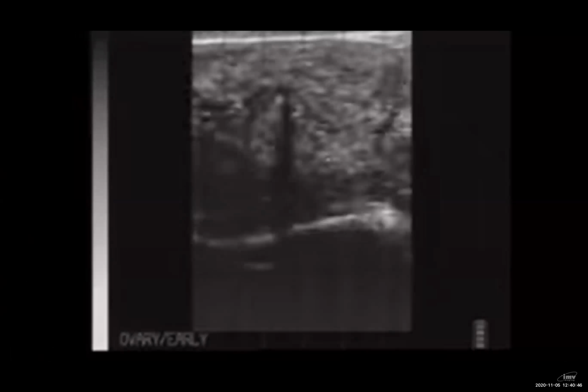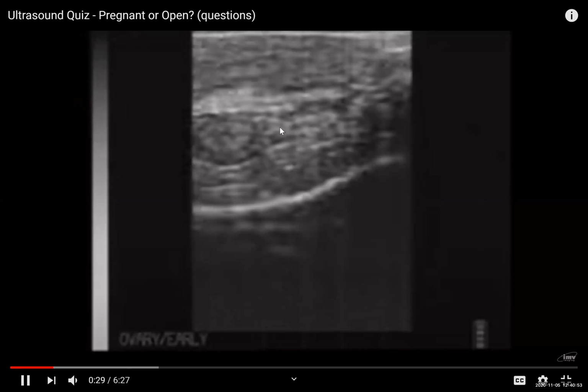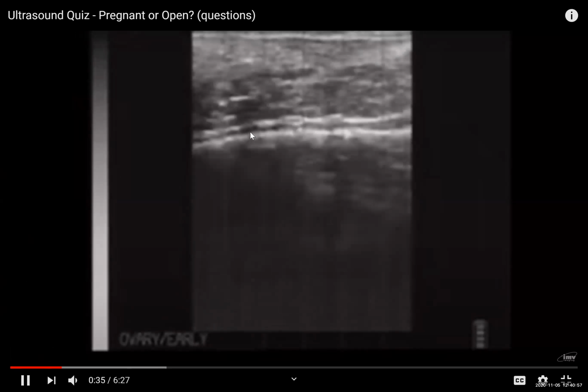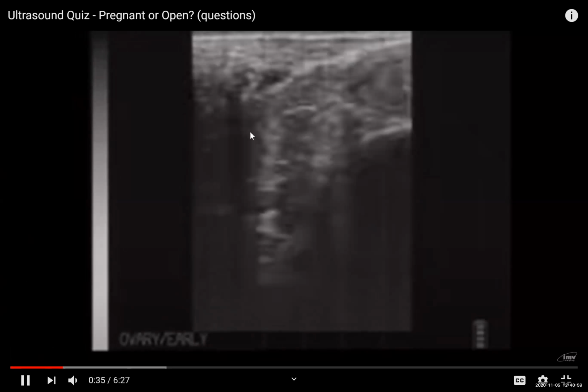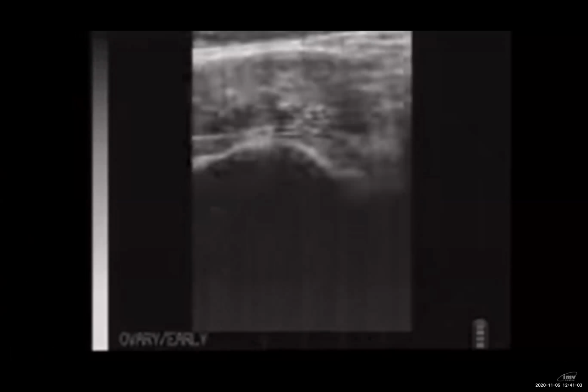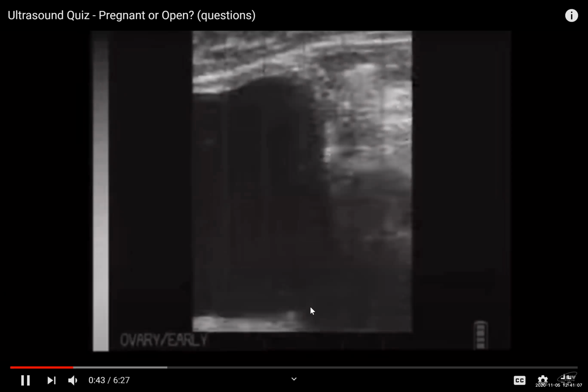These rings that you're seeing in the middle of the screen are actually cross sections of the uterus. And so this is the structure of an open uterus. There's also an ovary in there, but don't worry about it.